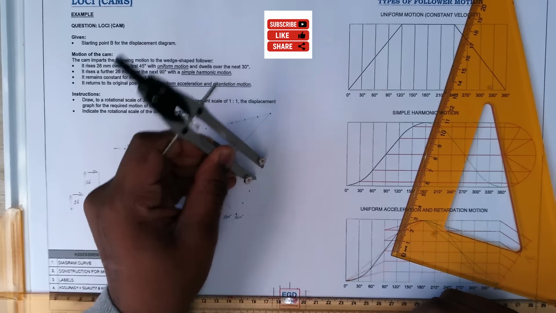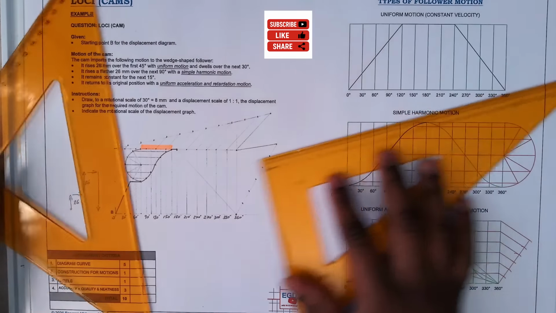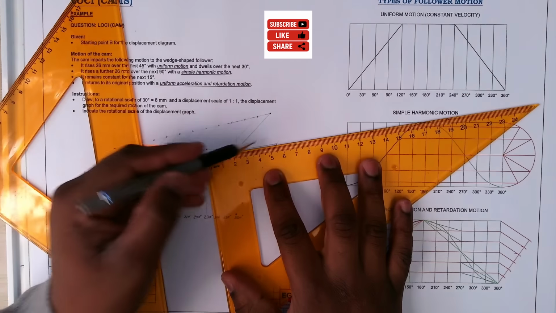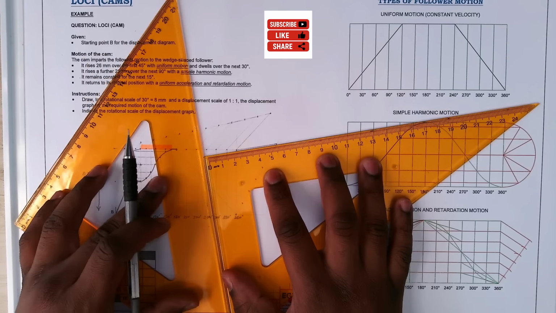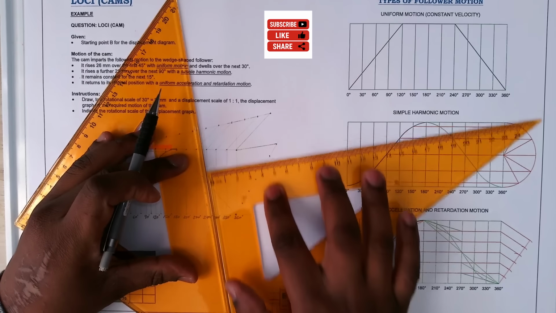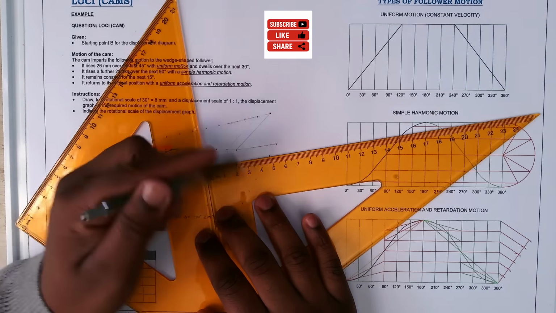Alright, and then from here I'll have to draw parallel lines. So I'll align my set square with that line and put the other one next to it, and then I'll just slide this one, and then I'll just draw lines going in like that.